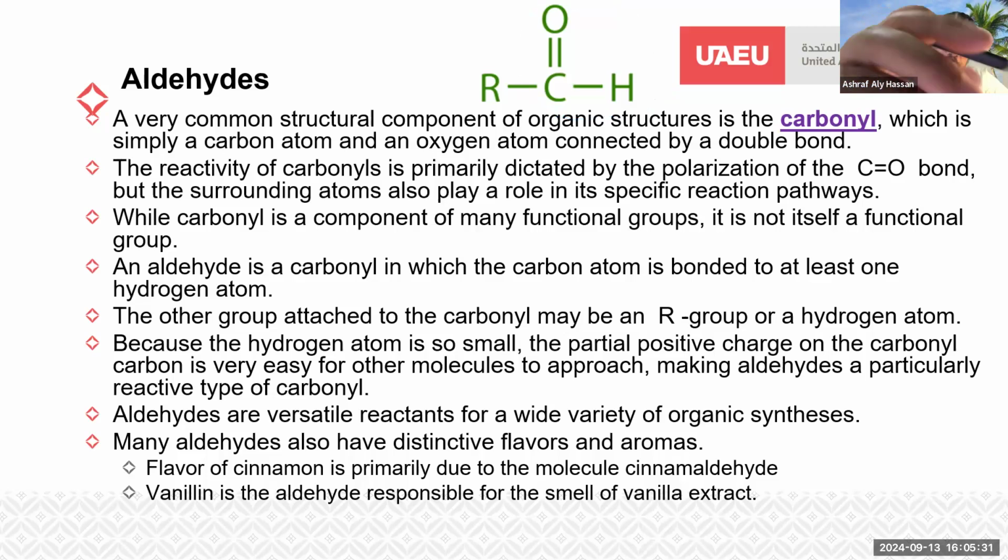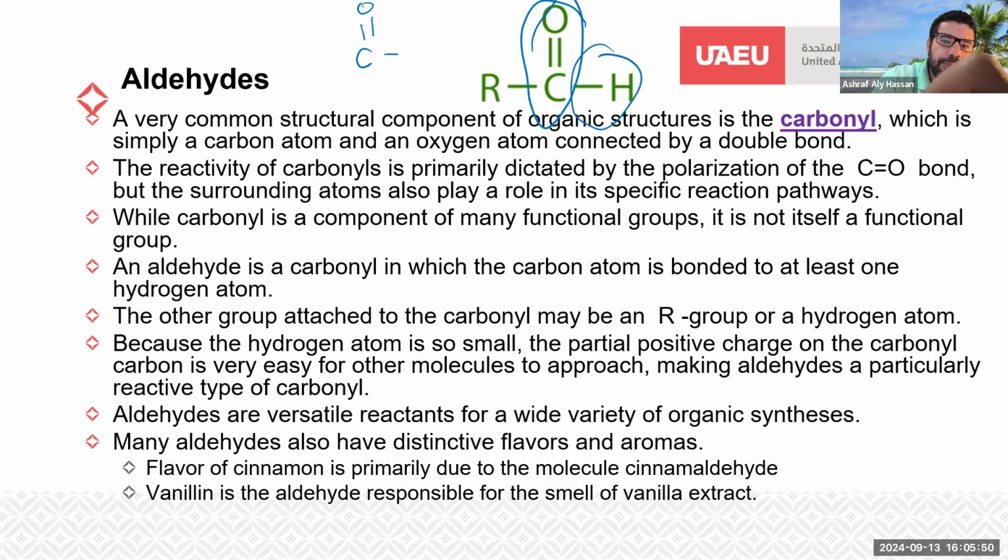So the carbonyl is this part, and when it connects to the H, then it becomes the aldehyde. So it could be carbonyl and hydrogen from both sides. So that's a carbonyl group with two hydrogens.